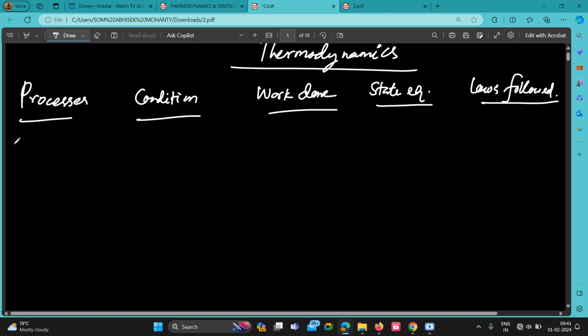Okay. So first is your isothermal process. What happens in an isothermal process? Condition is T is constant, that means dT is zero. Right.